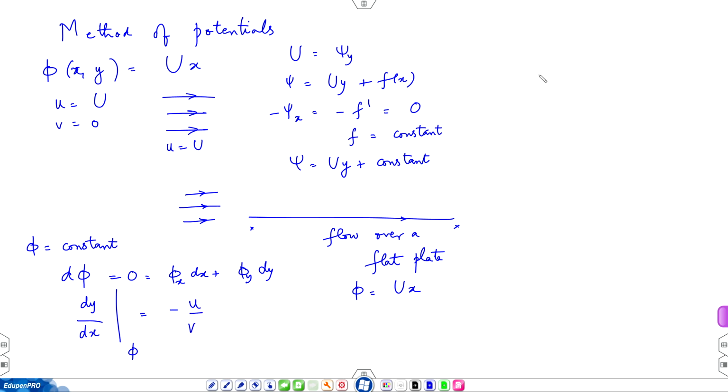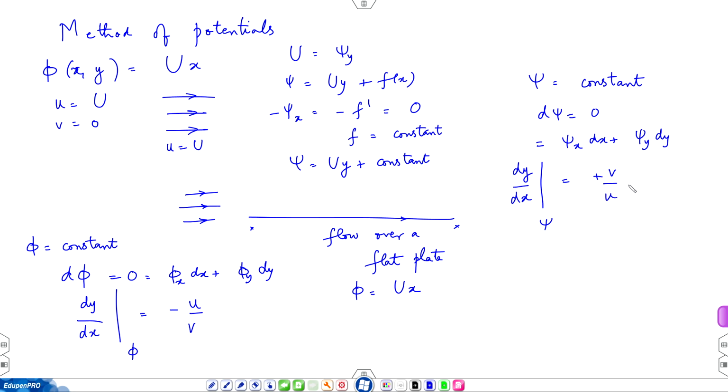Similarly, on a streamline, dy/dx is equal to plus v over u, which is the slope of the velocity vector, and the product of the two is minus 1.